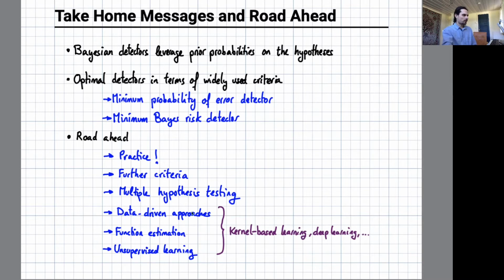So for these three bullets, students may benefit from taking a course in machine learning and studying kernel-based learning, deep learning, I mean, in general, neural networks, right, and so on.